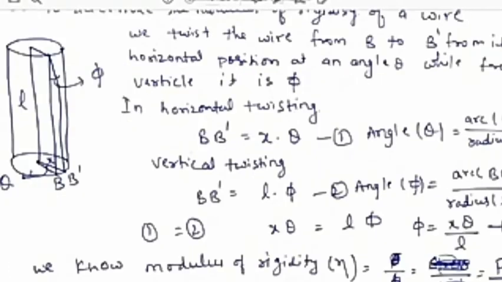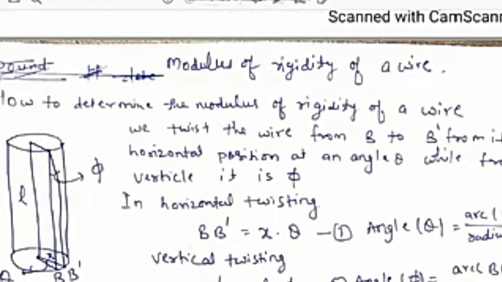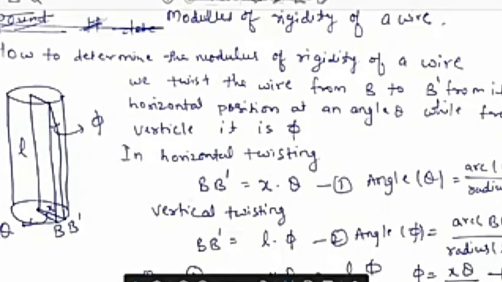Next is how to determine the modulus of rigidity of a wire. Suppose this is the wire and we are twisting it from B to B prime, at an angle theta, while from the vertical the angle is phi.